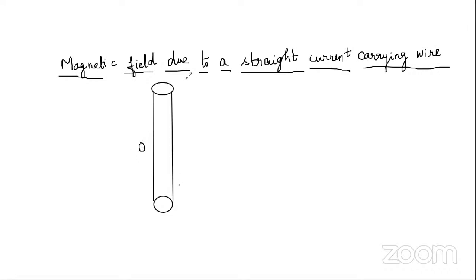From here, let me consider I have a point P. Here I am having a point P. This is the long current carrying wire.